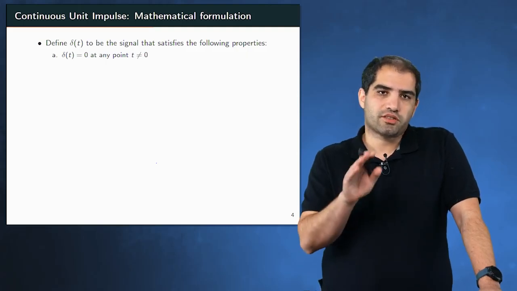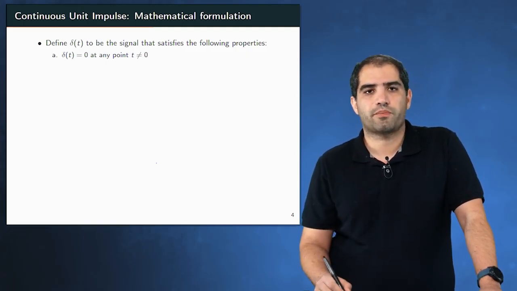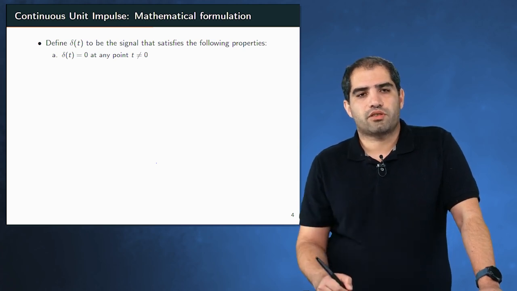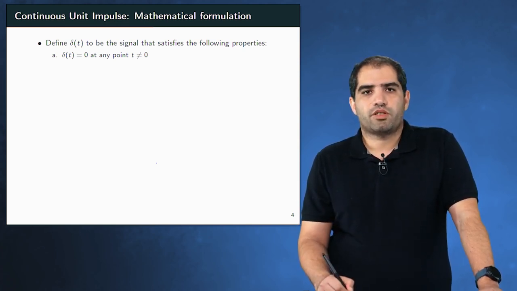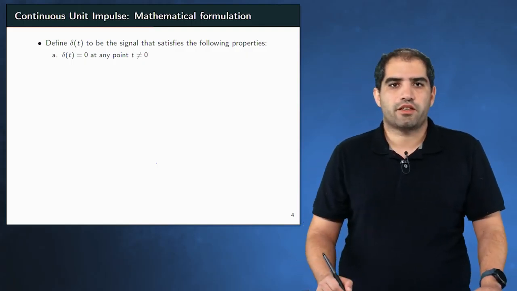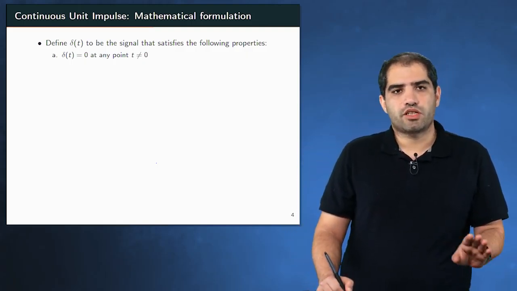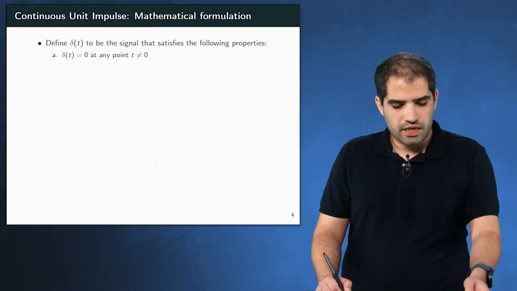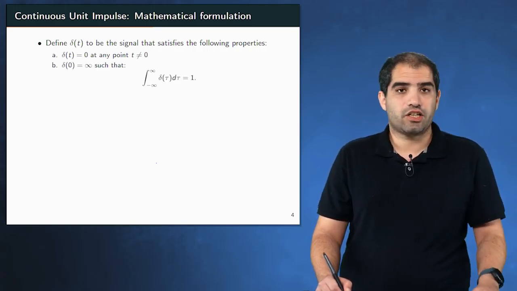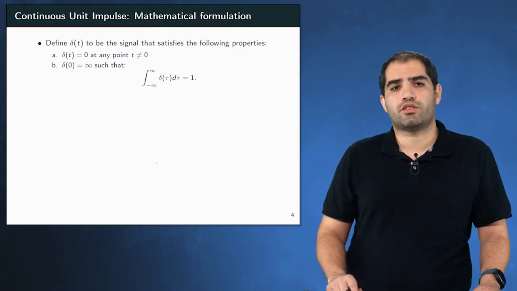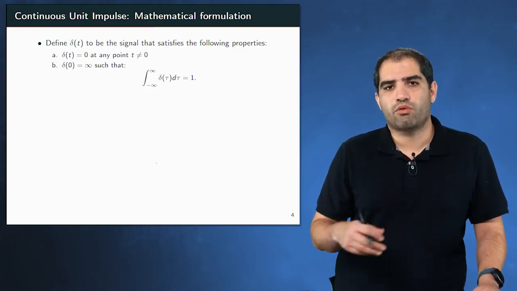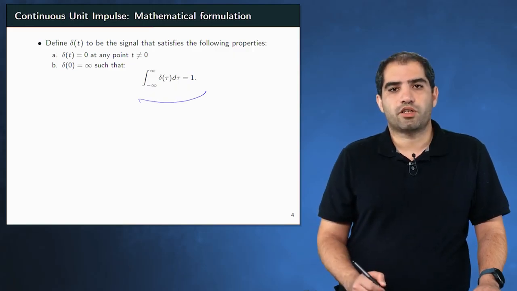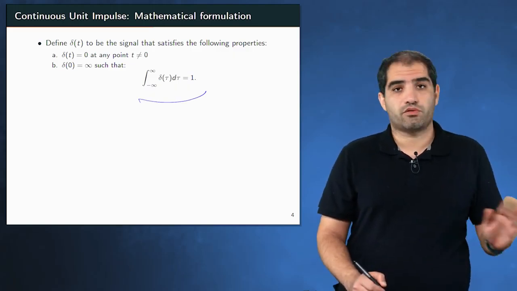So we use delta to denote this signal. Delta of t, the unit impulse in continuous time, we define it to be a signal that is 0 for any non-zero time t, and it is infinity at time 0, such that the whole integral of delta from negative infinity to infinity becomes 1.